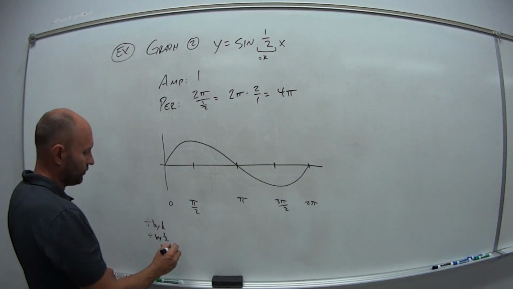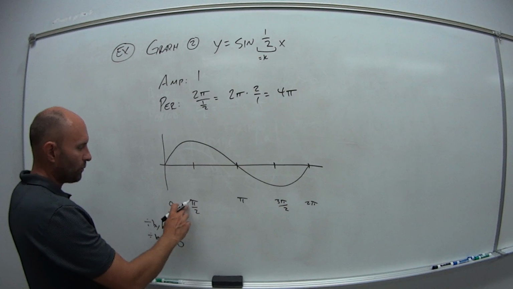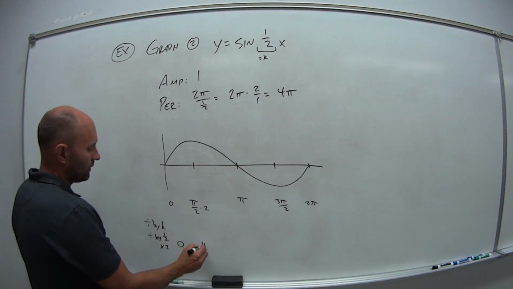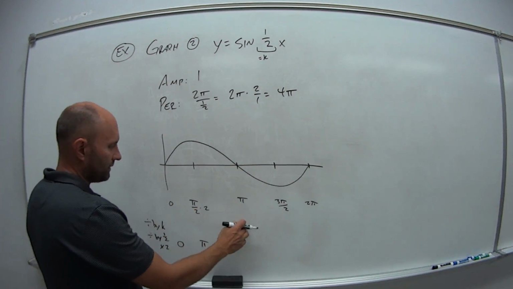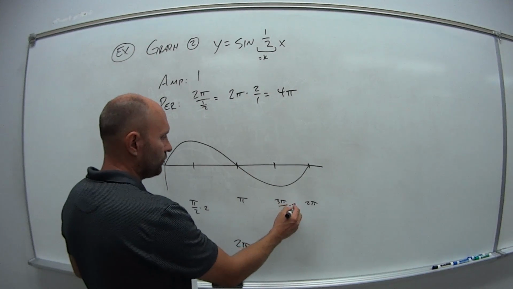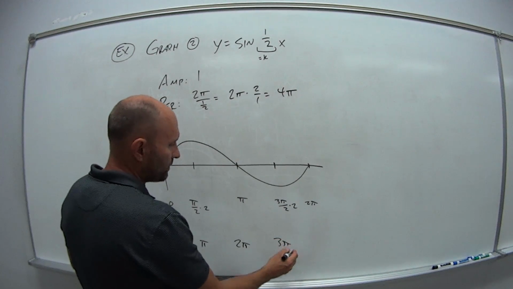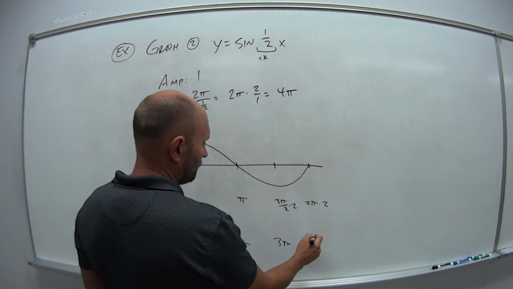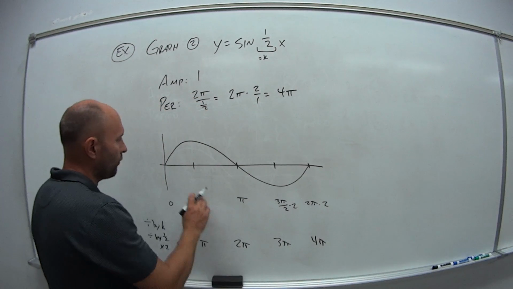So 0 times 2, 0. Pi over 2 times 2 is pi. Pi times 2, 2 pi. 3 pi over 2 times 2 is 3 pi, and 2 pi times 2 is 4 pi.